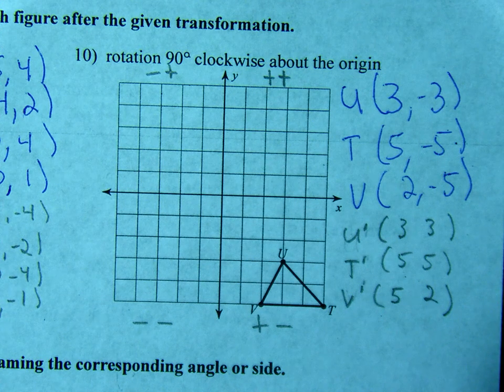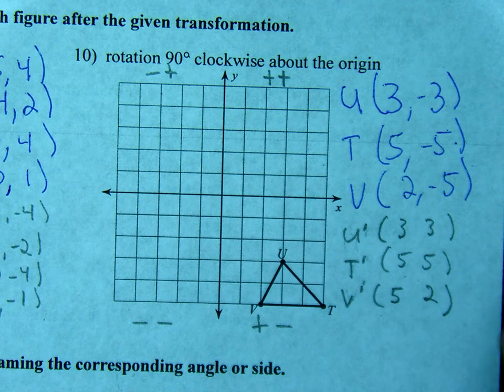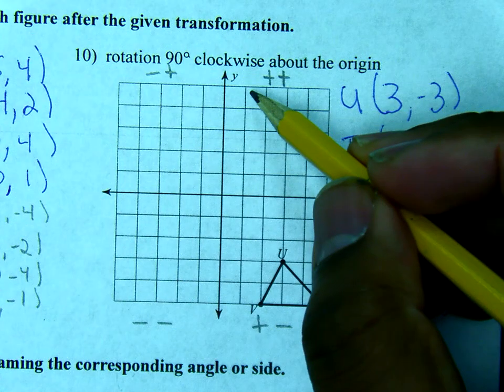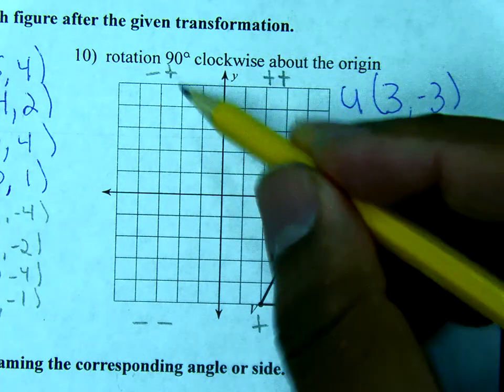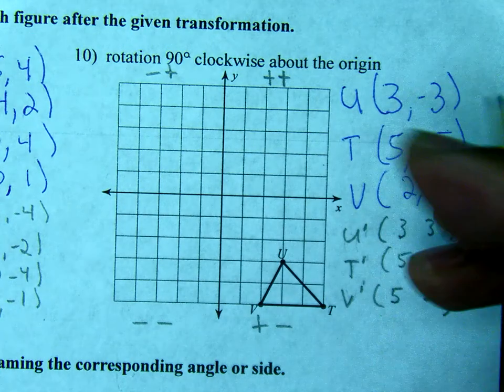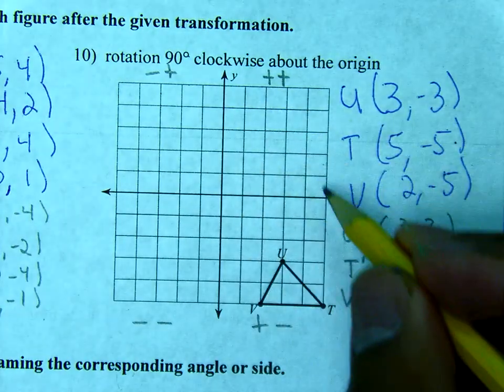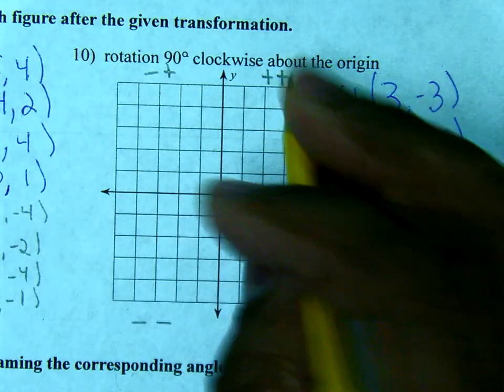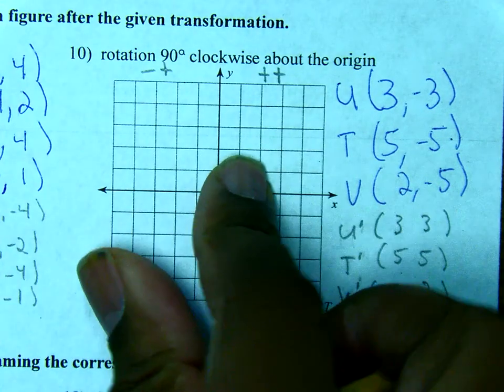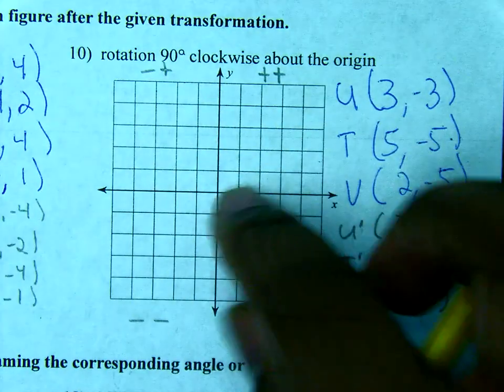Now, the next thing you want to do is you want to look and see clockwise or counterclockwise. Okay? Since it's clockwise, that means we're going like a clock in this direction. So we're going to turn this figure here. And since it's 90 degrees, we're only going to make one turn.